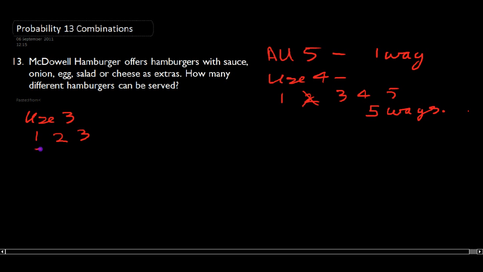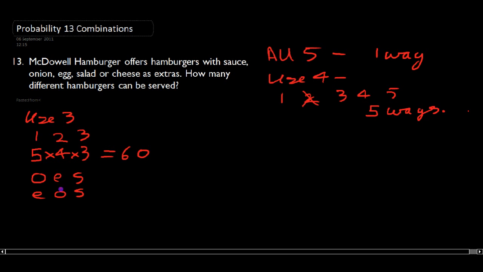Now previously we worked out, if we weren't worried about what order they came in, we can choose the first thing to go on out of 5 things, and once we put it on we can choose out of 4 things, and we can choose out of 3, and that gives us 60 ways. But as we said earlier, onion egg salad is the same as egg onion salad. It's not going to taste much different. You can only have those 3 toppings.